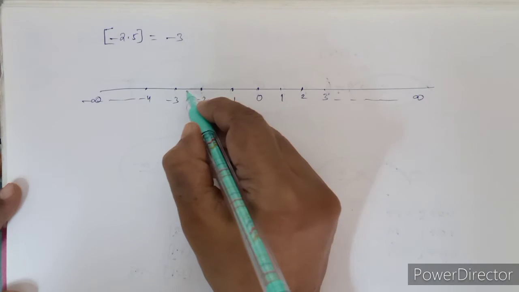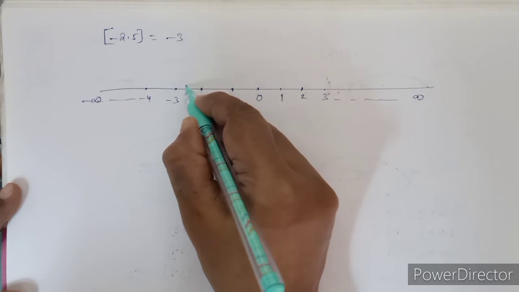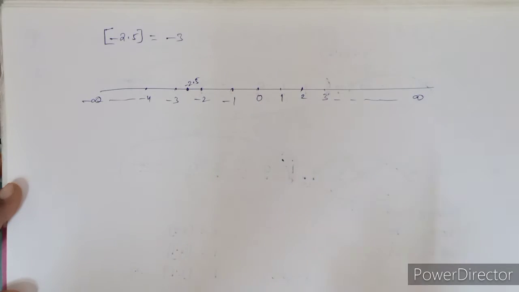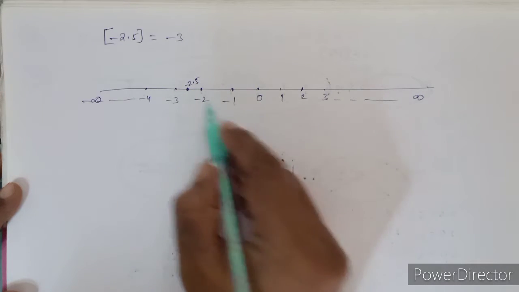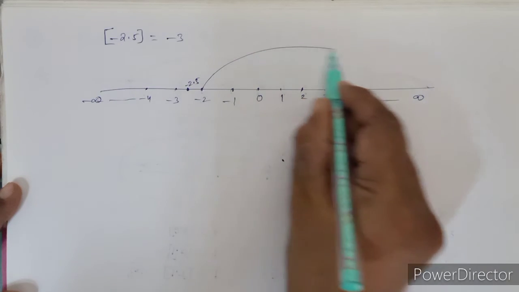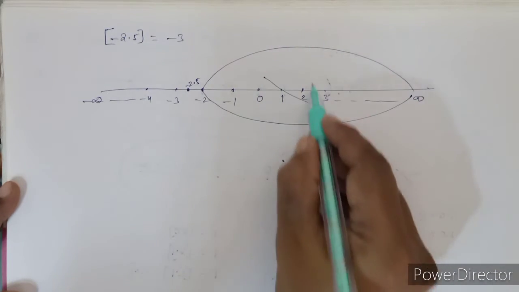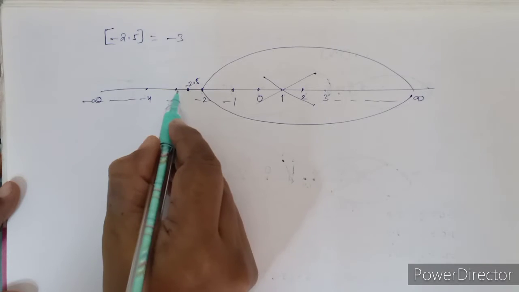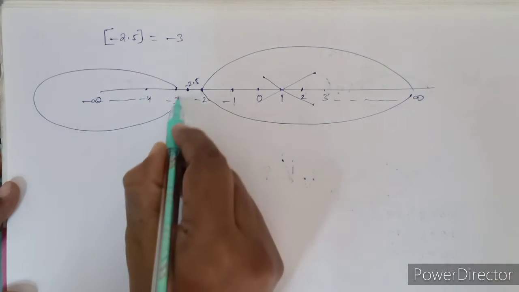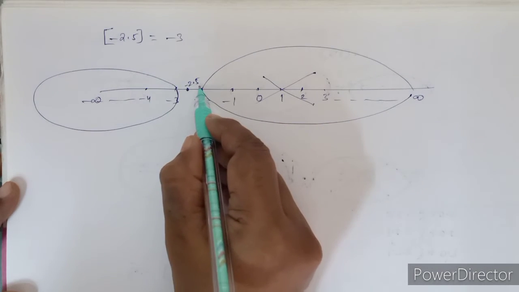Here the position of minus 2.5. All these integers are exceeding minus 2.5. So we neglect, we ignore those values. These are all the integers which are not exceeding minus 2.5.